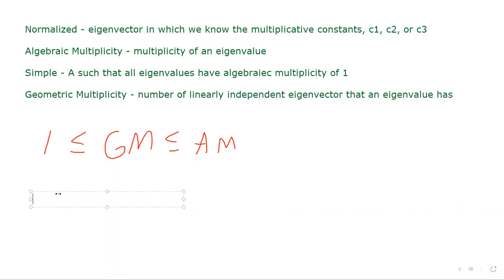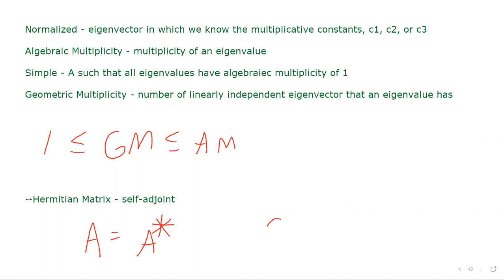Last idea is called the Hermitian matrix. And with this, it's self-adjoint. So a way of looking at this is our matrix is equal to the adjoint matrix. So if you transpose it and take the conjugate, it's going to be equal to the original.